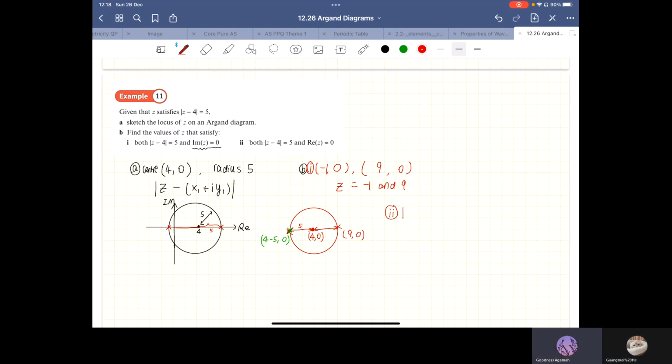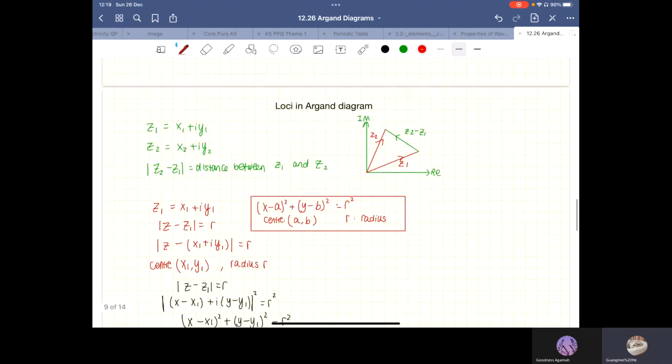Okay. Z minus 4 is equal to 5. That's given. We can rewrite this by writing Z as x and y. So we can rewrite it as x minus 4 squared plus y squared equals 5 squared. Why? Because do you remember the equation for circle we did before, which is over here?